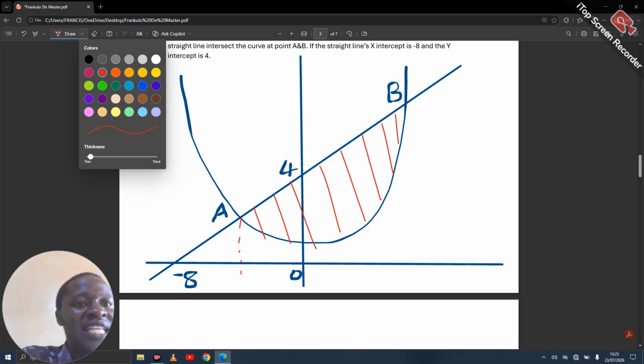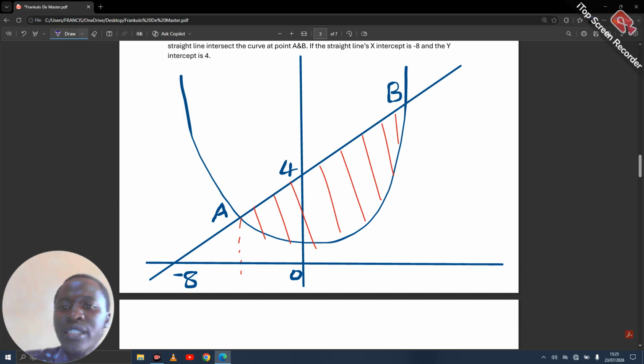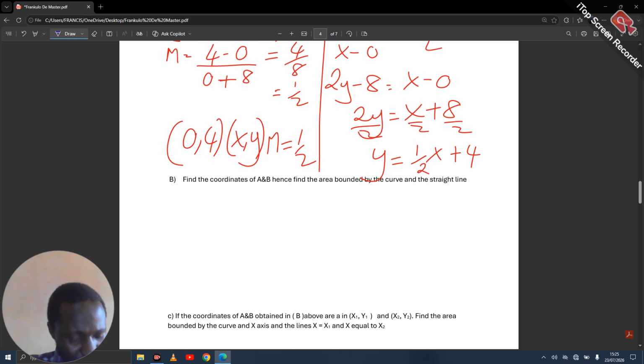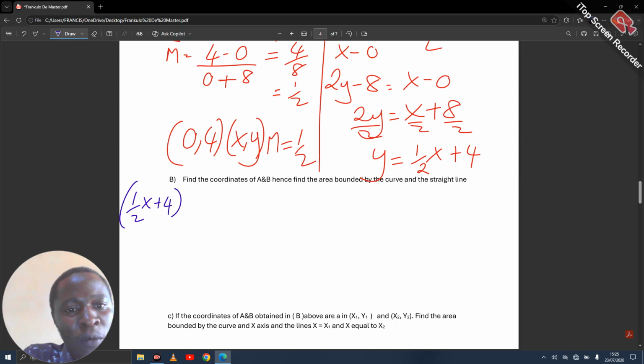So remember, it is just getting the difference. You get the difference. And the difference must be, remember I told you, line subtracted from curve, not curve subtracted from line. So have that in mind, and remember to include the bracket. I have x plus 4, minus the curve, which is x squared plus 1.